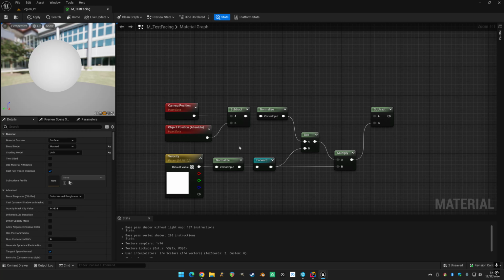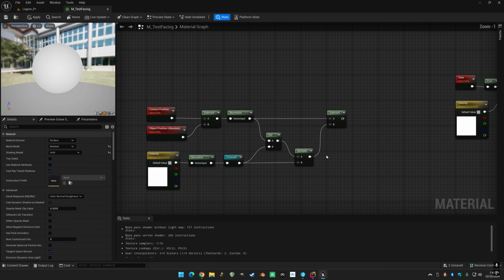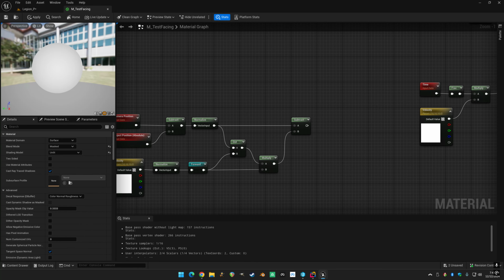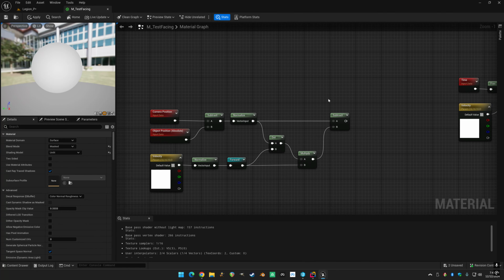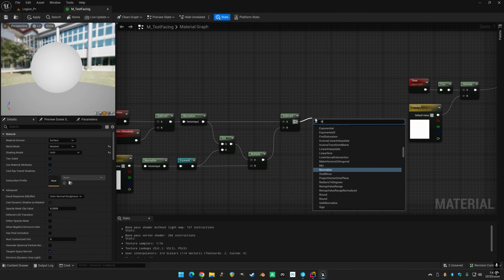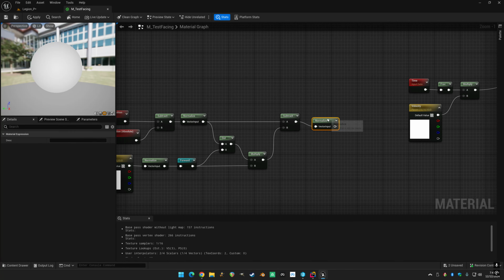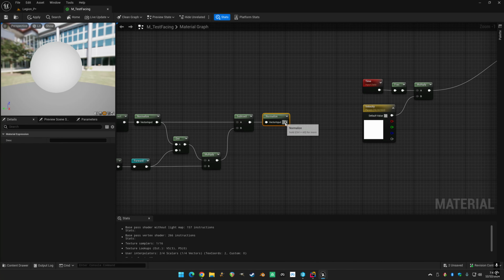So that should be projecting it onto the plane. All right, so that will get us, better normalize that. That would get us our up, right?